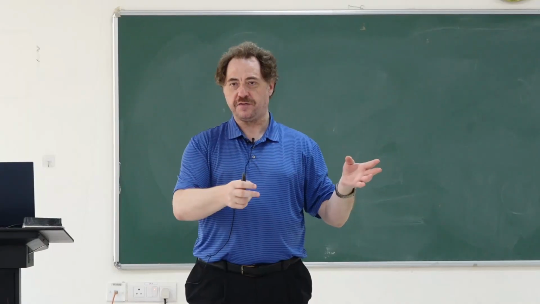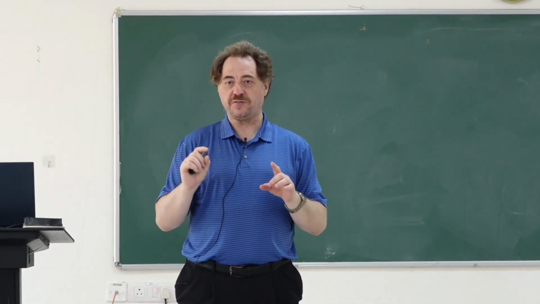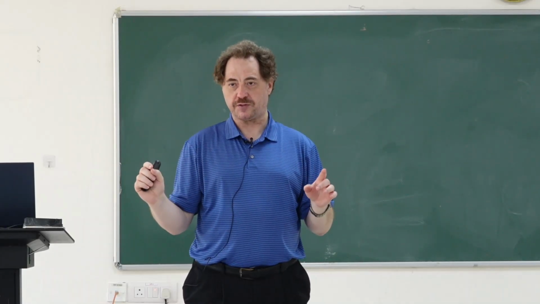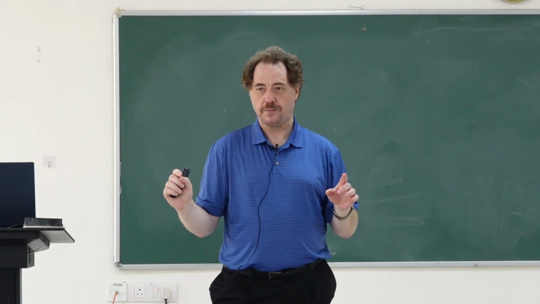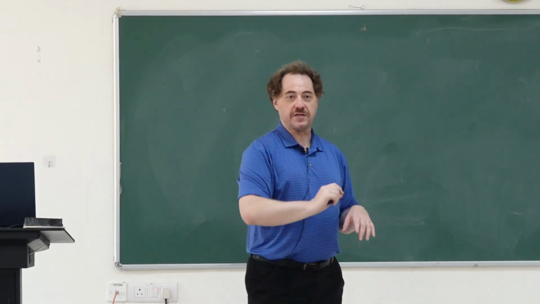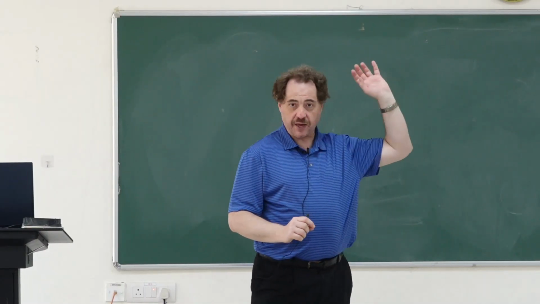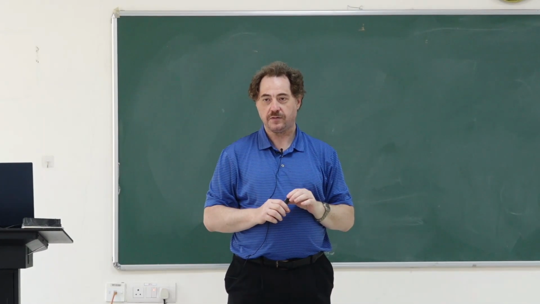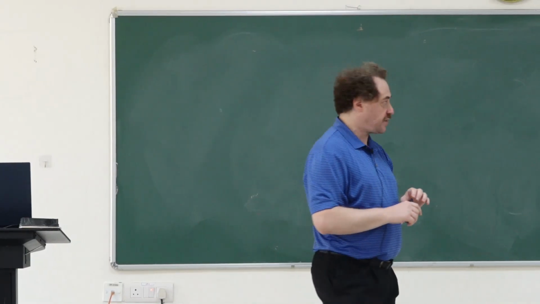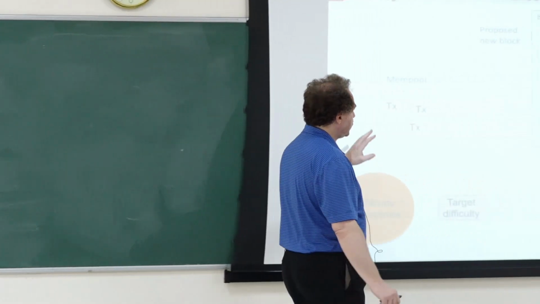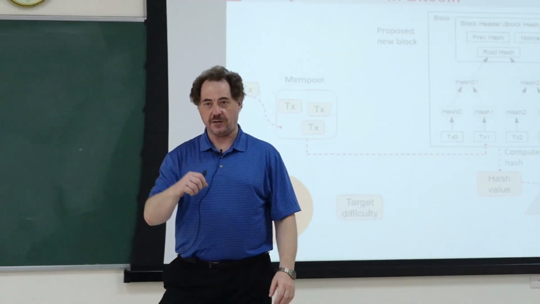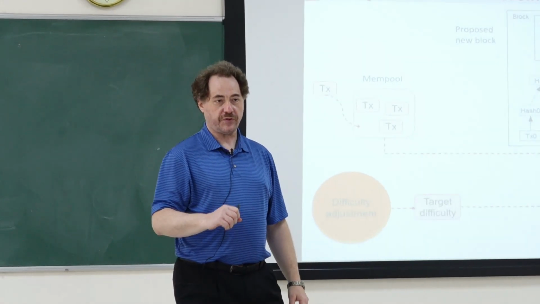I explored 5. Does it affect the probability for point number 6 to be a solution? No. It's a memoryless process. And because of this, if I add new transactions, it's still the same probability. The probability is not affected, and therefore the miners are incentivized to add transactions as they mine. So that's an important property.